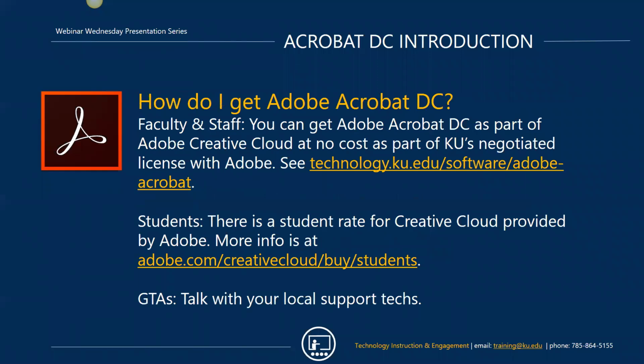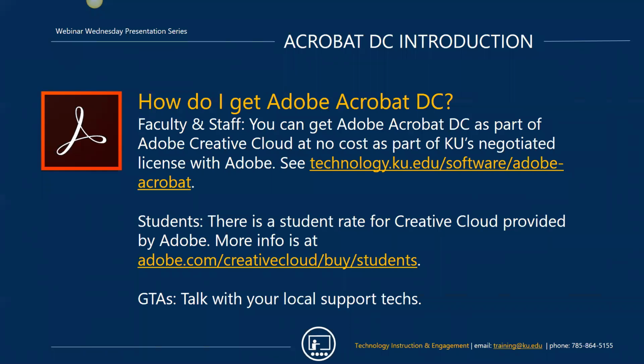How do I get Adobe Acrobat DC? Well, if you are a faculty or staff person, you can get Adobe Acrobat DC as part of the Creative Cloud at no cost. KU has a negotiated license with Adobe, and that allows all faculty and staff to get Adobe Acrobat and actually the entire Adobe Creative Cloud at no cost.